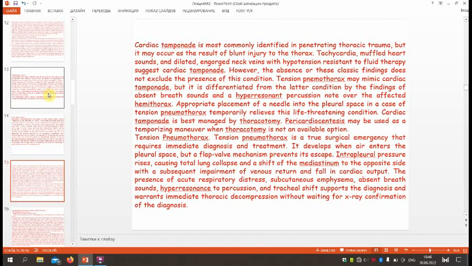The presence of acute respiratory distress, subcutaneous emphysema, absent breath sounds, hyperresonance to percussion, and tracheal shift supports the diagnosis and warrants immediate thoracic decompression without waiting for X-ray confirmation of the diagnosis.